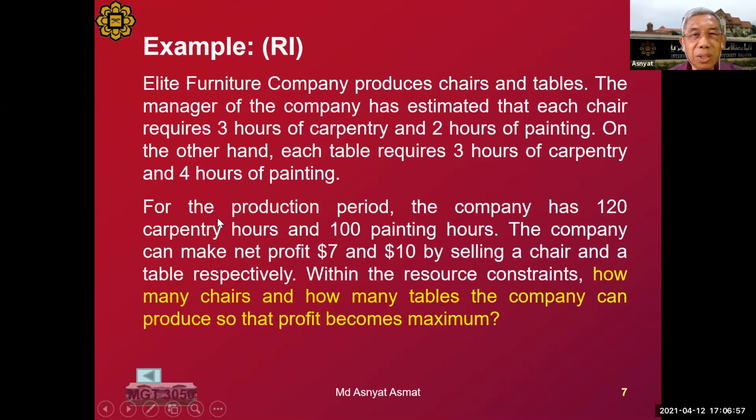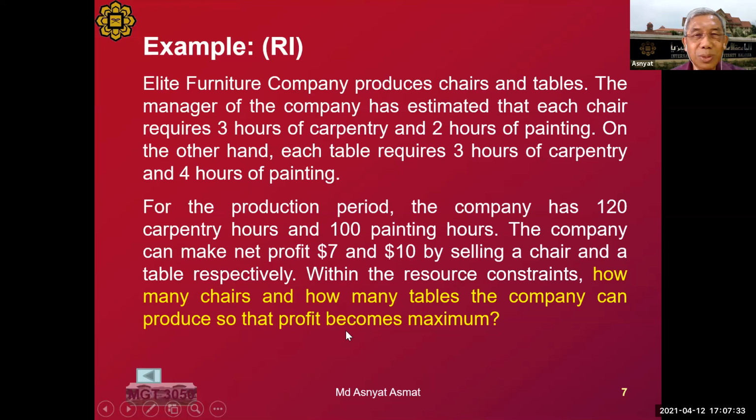For the coming production period, the company has allocated 120 carpentry hours and 100 painting hours. The company can make a net profit of 7 ringgit for the chair and 10 ringgit for the table. Within the limited resource constraints, how many chairs and how many tables can the company produce so that it can maximize the profit?